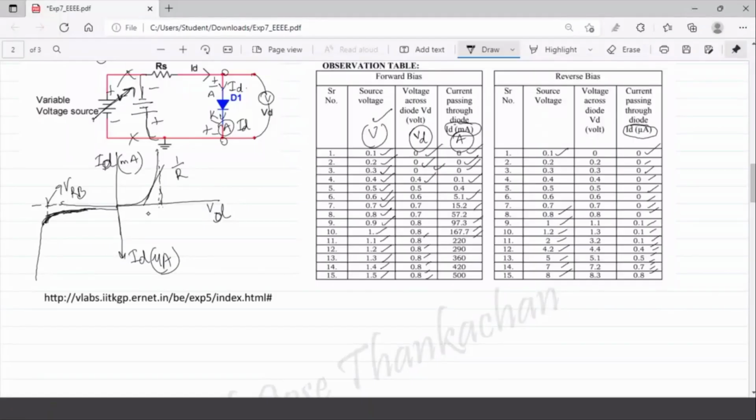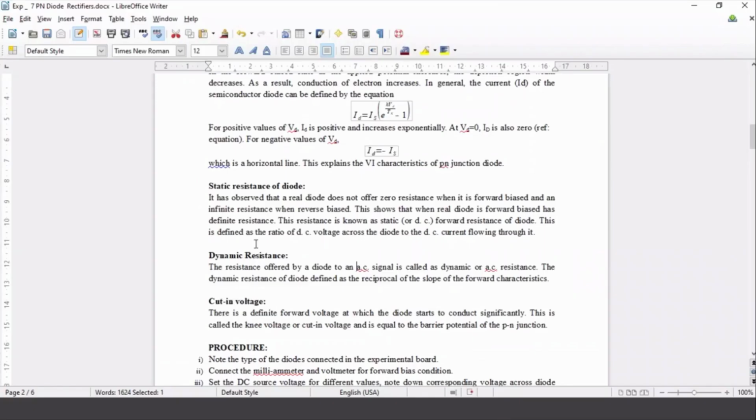For this characteristic, the inverse of this ratio will be your dynamic resistance, R. And for static resistance, how do we find it out? Static resistance is directly taken as VD divided by ID, directly dividing those currents.